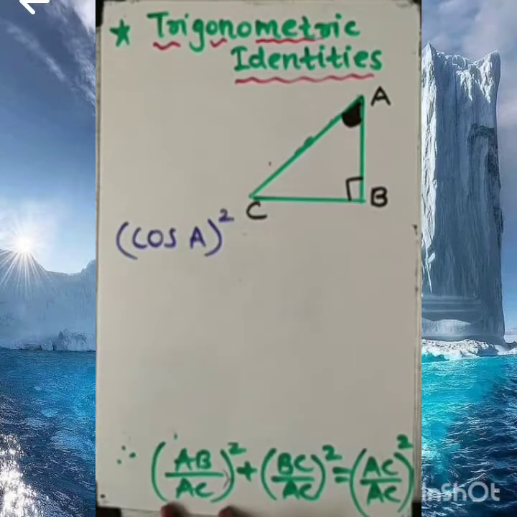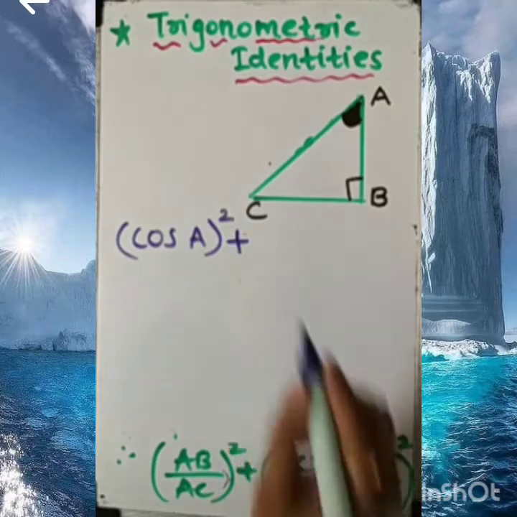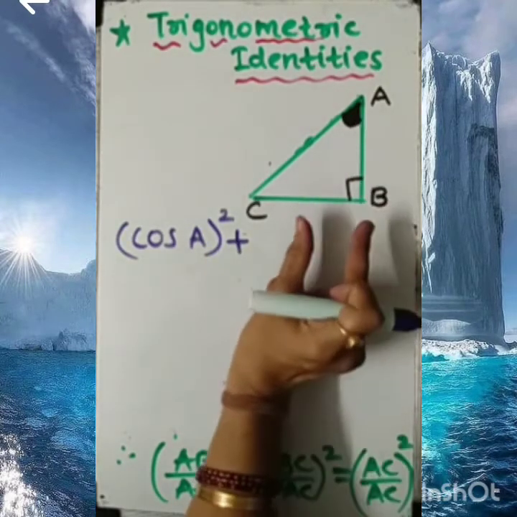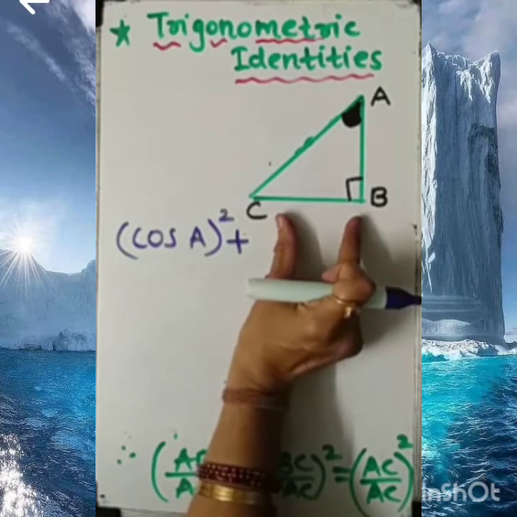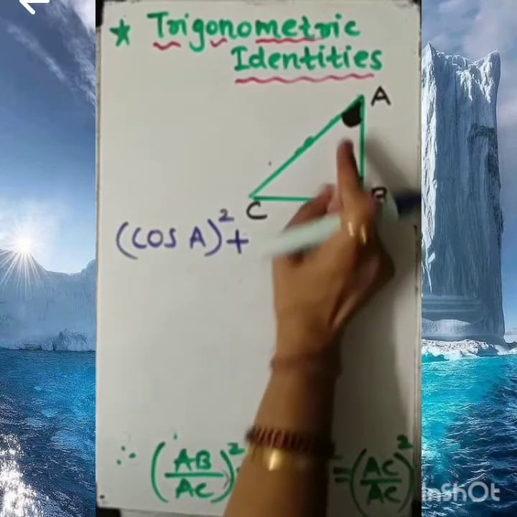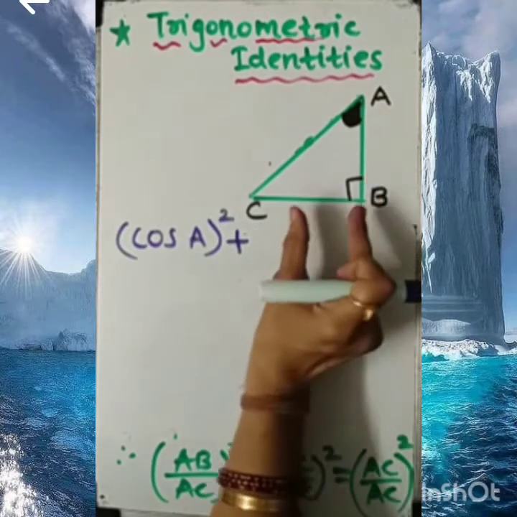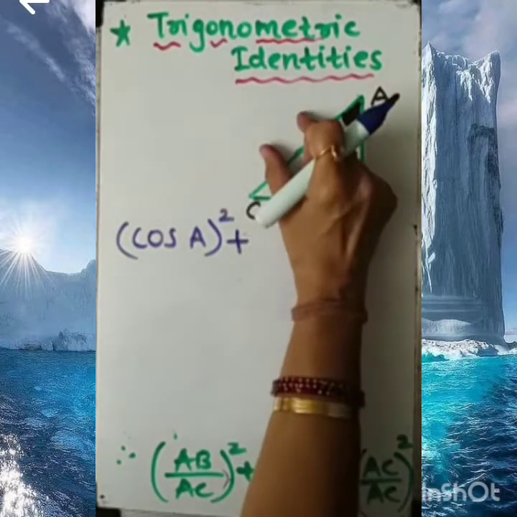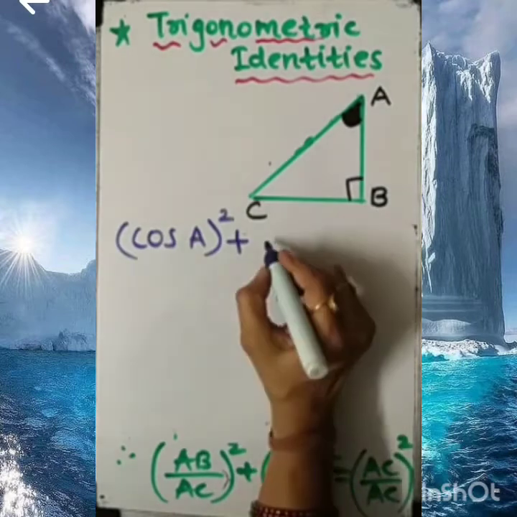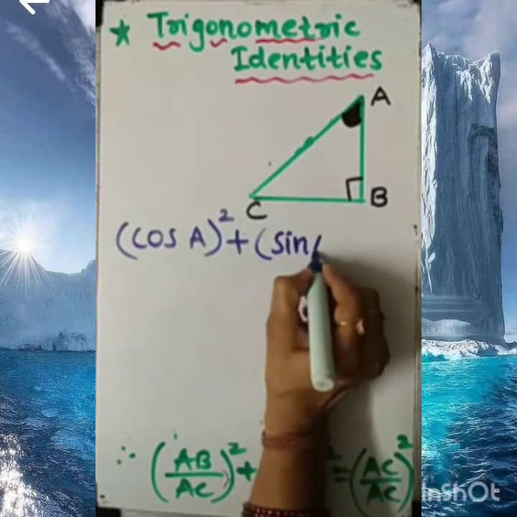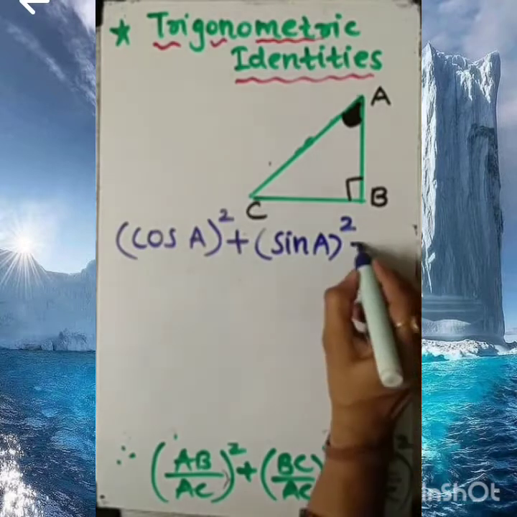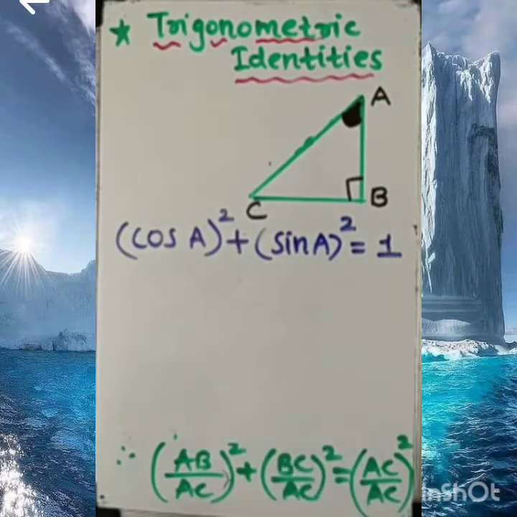Plus, let's come to BC upon AC. This time for angle A, BC is the perpendicular, upon AC means hypotenuse. So this is sine A whole square. Correct? And as here AC cancels, that is equal to 1.